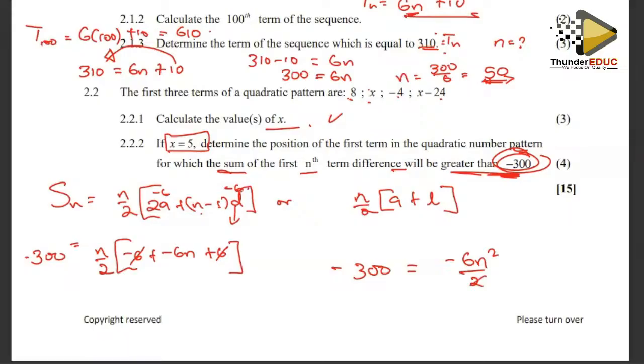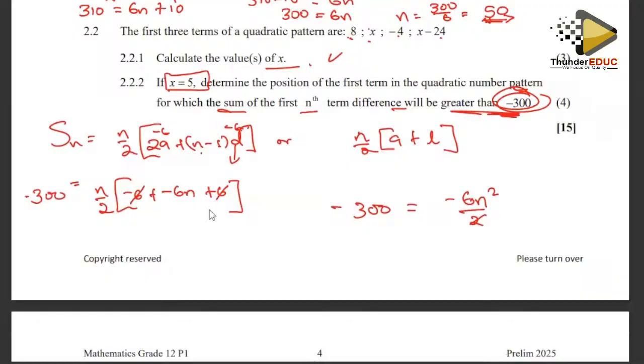Okay, so I cancel this, I cancel that. I'll be left with just negative 3n squared is equal to negative 300. n squared is 100, and then the square root is going to be 10.